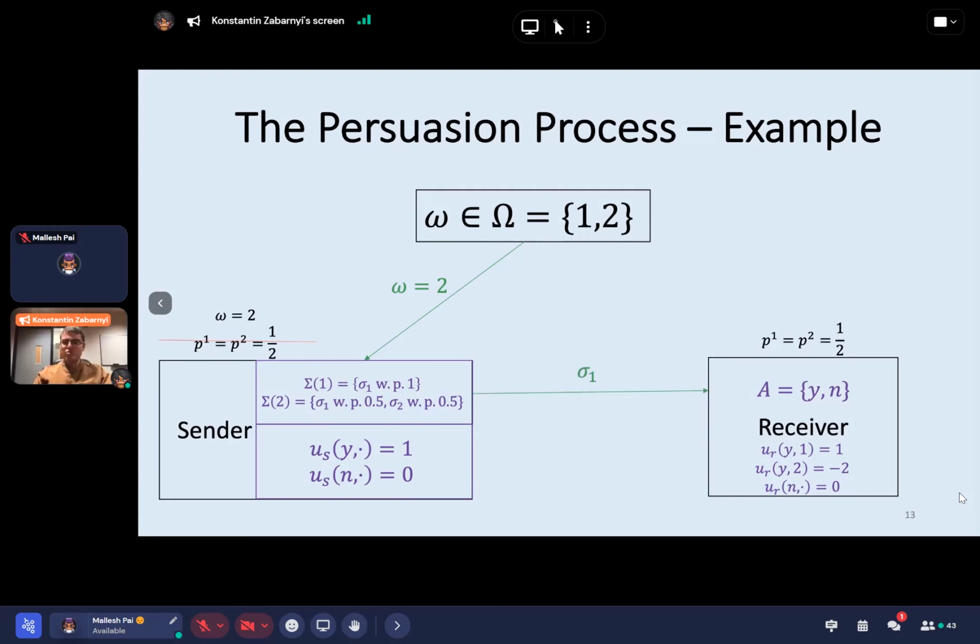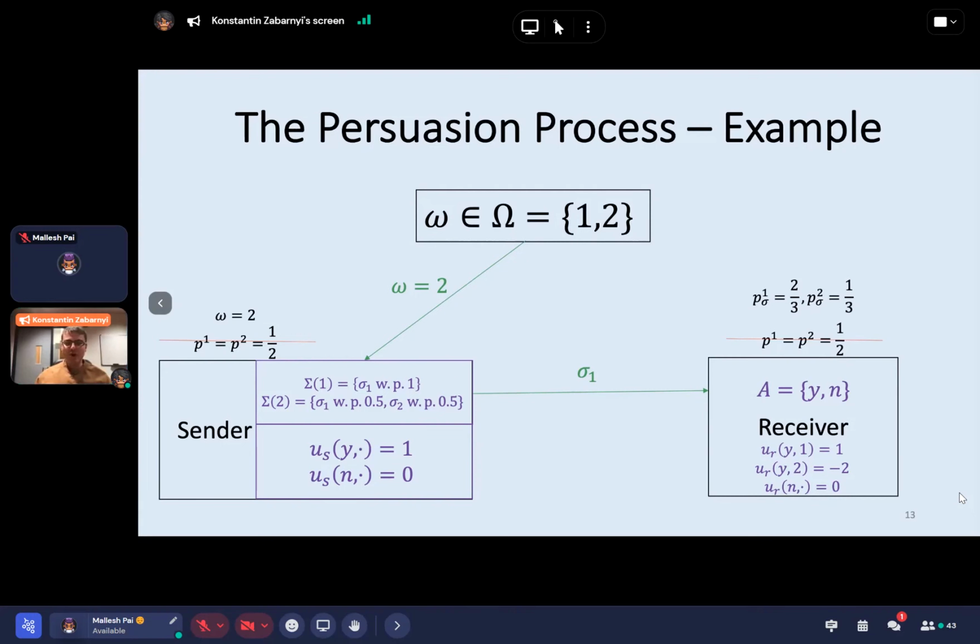Now, the receiver should compute the posterior according to the signal realization being sigma 1. I won't present the full computation using Bayes' law, but intuitively, why is the posterior what it is? Originally, the probability for each state was 1/2, 1/2.